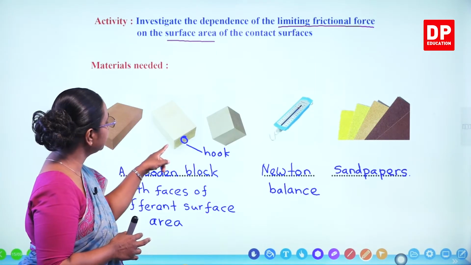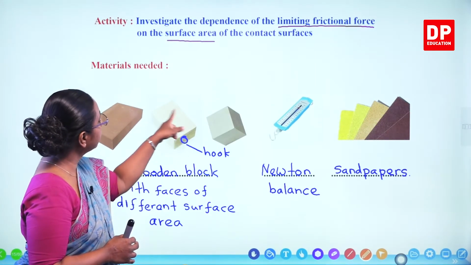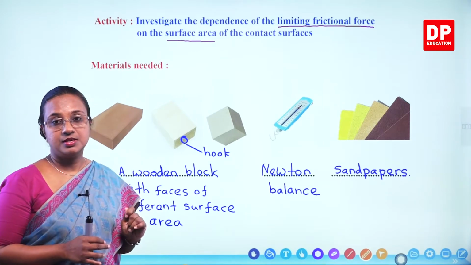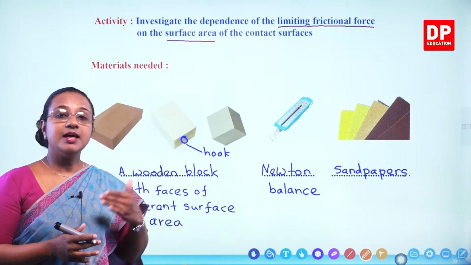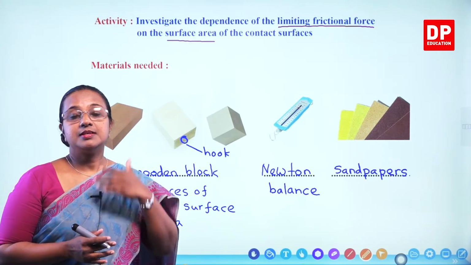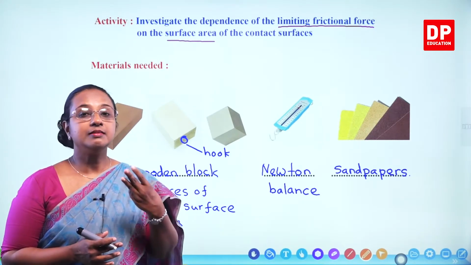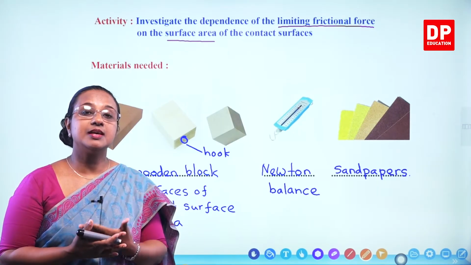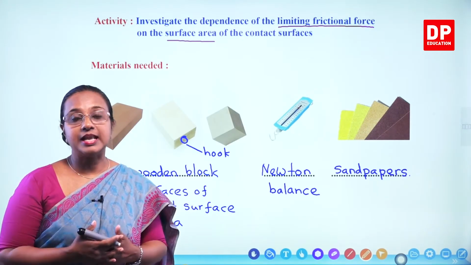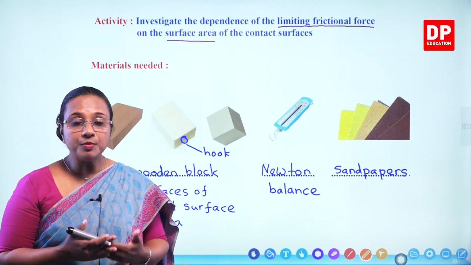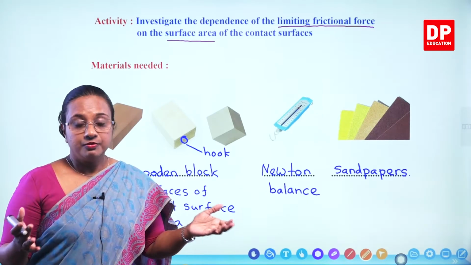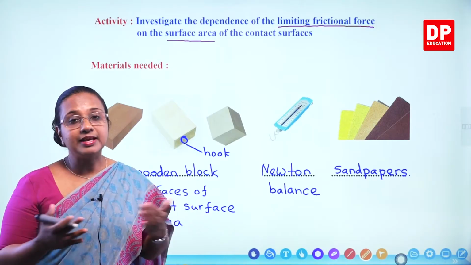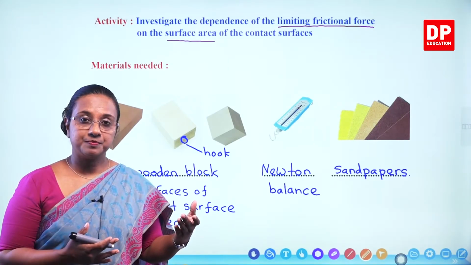In this cube, you can see there are three different faces with three different surface areas. So you can repeat the procedure 3 times with the 3 different surface areas of the contact surface and observe whether the limiting frictional force changes or whether it remains the same.